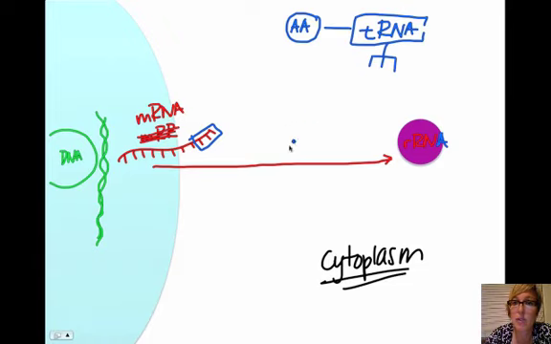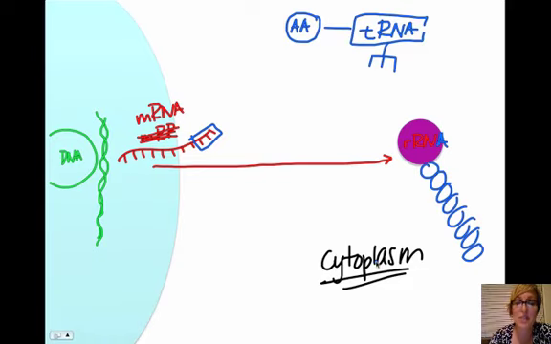And that happens over and over and over again until we get this long chain of amino acids coming out of the rRNA. This is our polypeptide chain. And that is, in a nutshell, protein synthesis.